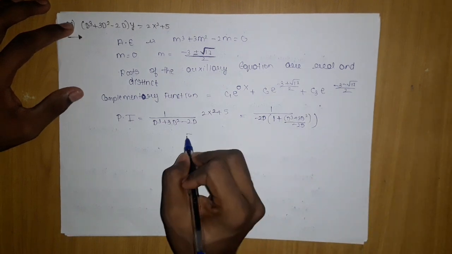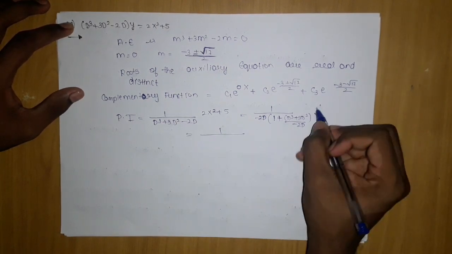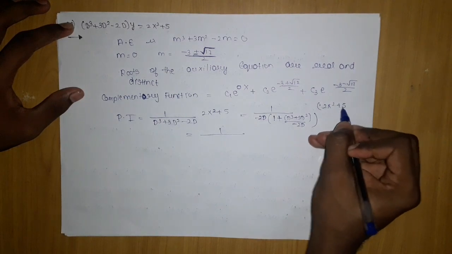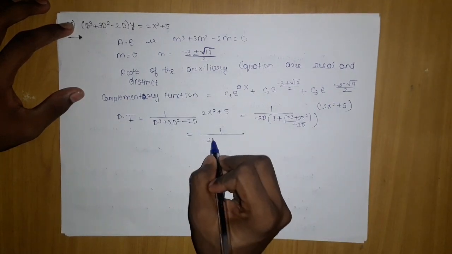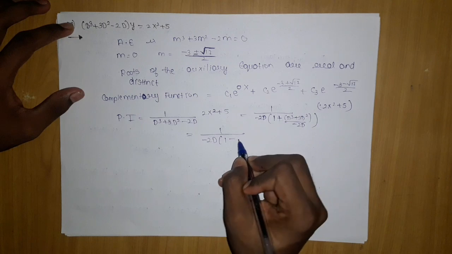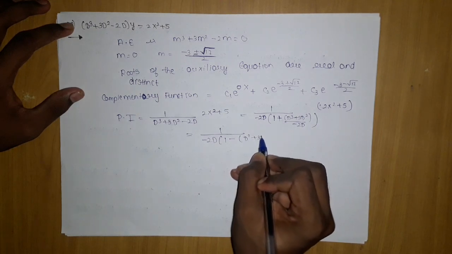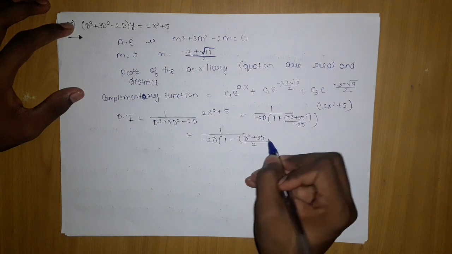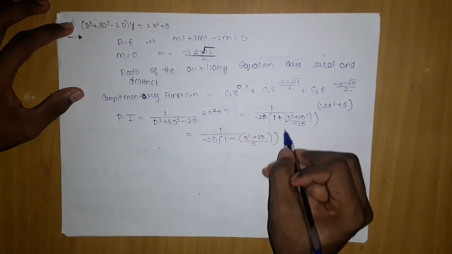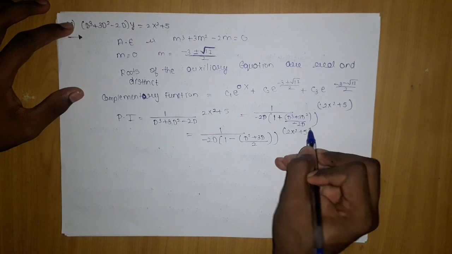Now what we are going to get after this, here it will be 2x square plus 5. We are going to get minus 2D will be here, 1 minus 1D will get cancelled out, so D square plus 3D by 2, right? And here 2x square plus 5 is our answer.